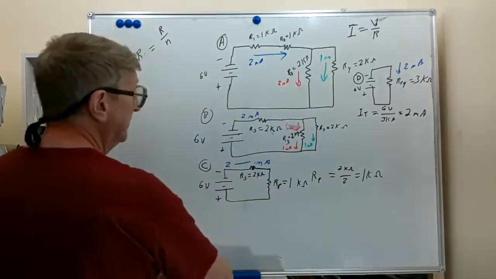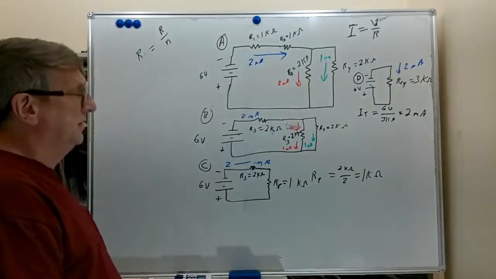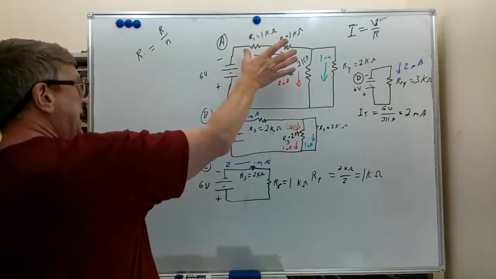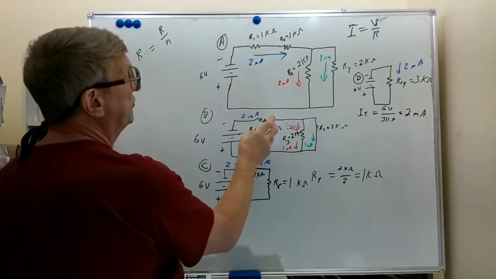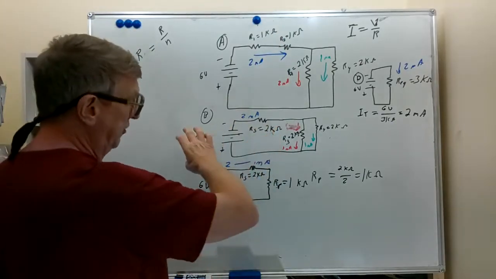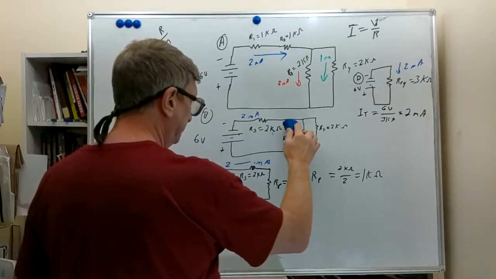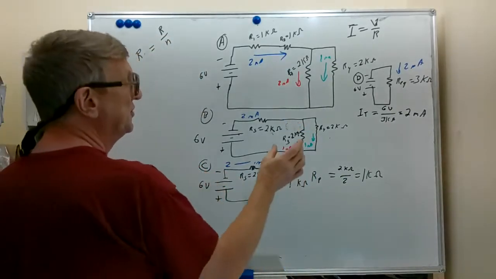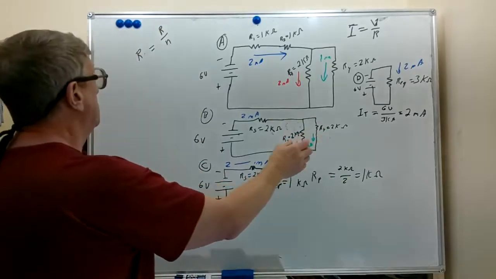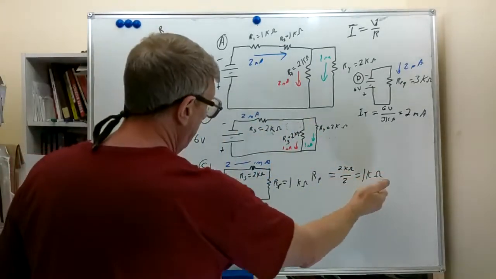So we took our original series and parallel combined circuit. We first combined the two series resistors, replaced them with a single 2 k ohm resistor. Power supply stayed the same, the parallel branches stayed the same. Then we took the two parallel branches, and being they were equal, we used this R over N formula, divided the 2 by N to get 1K.